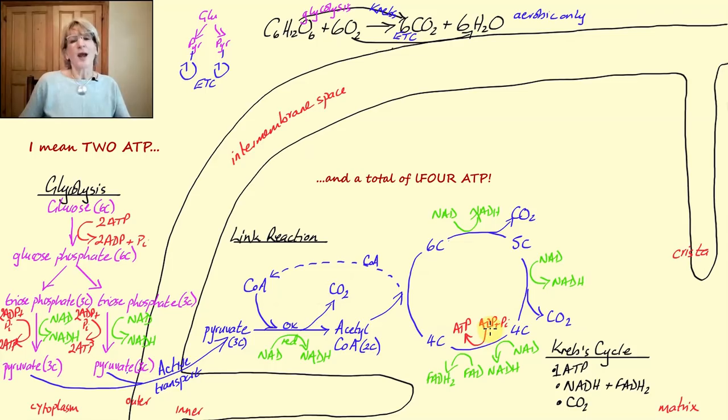Because as we know, aerobic respiration produces lots of ATP. And the actual number of ATP is in the mid-30s. So we clearly have a long way to go. And it all happens at the end of aerobic respiration. It kind of finishes on a high.